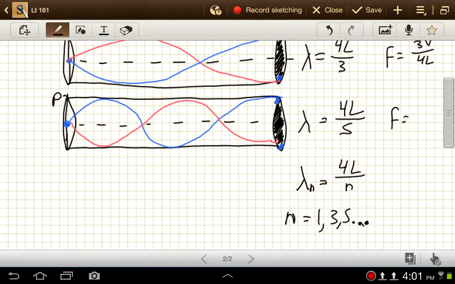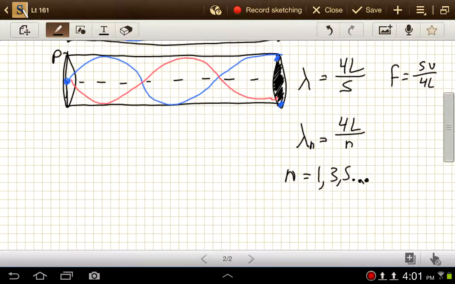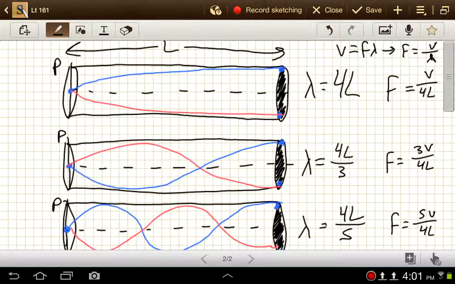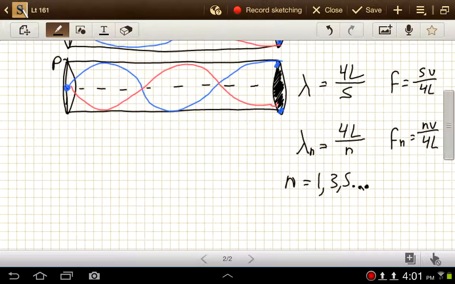This one would be 5v over 4L. And so we can see in general, the frequency for the nth harmonic is nv over 4L. And that's for a closed pipe. That's the frequencies and the wavelengths that will fit in that closed pipe situation.